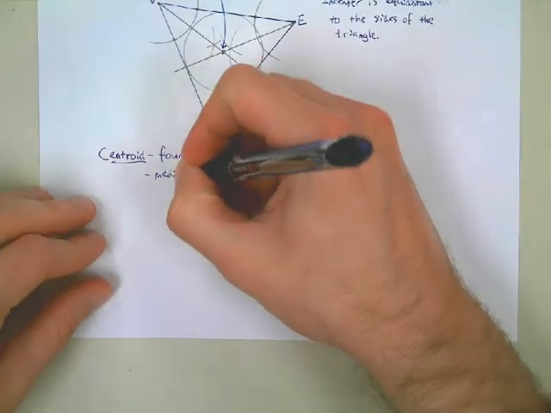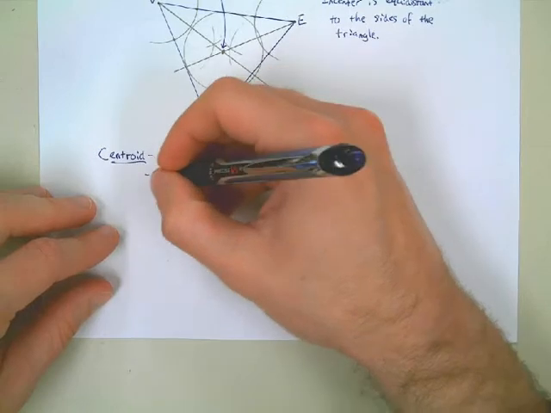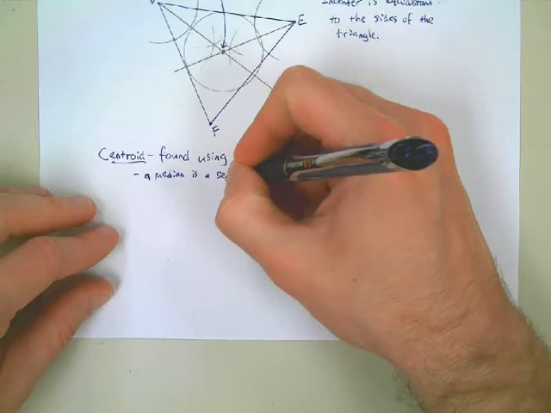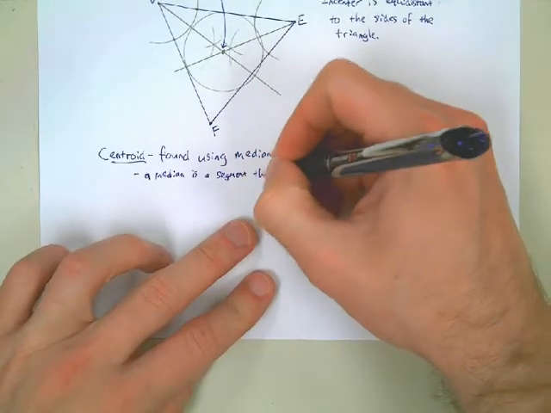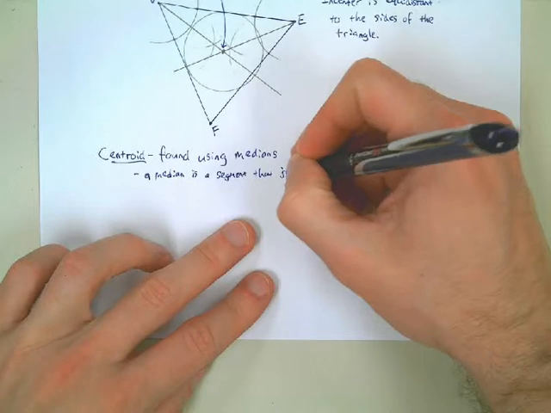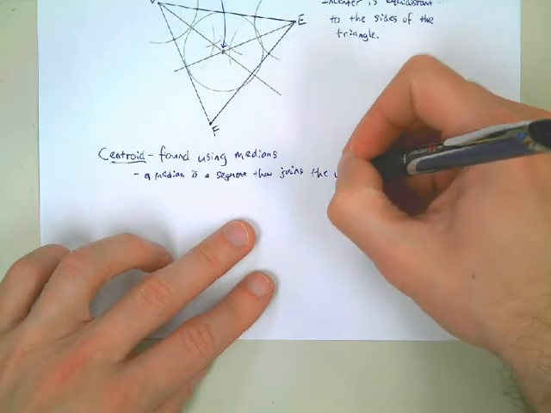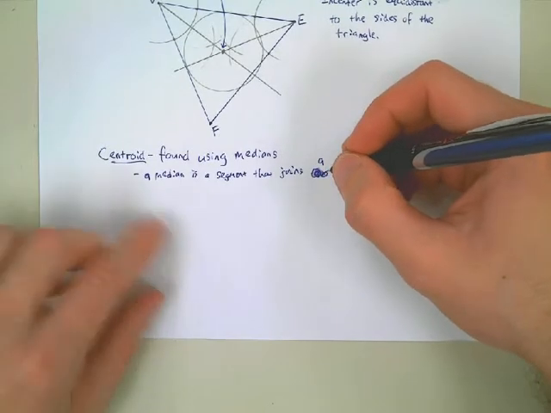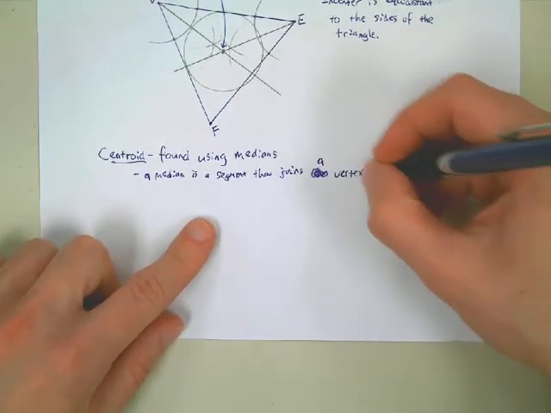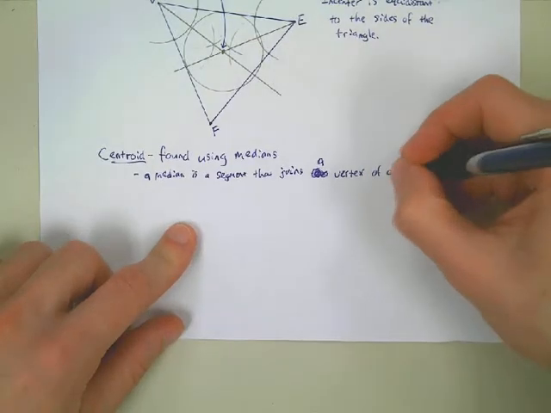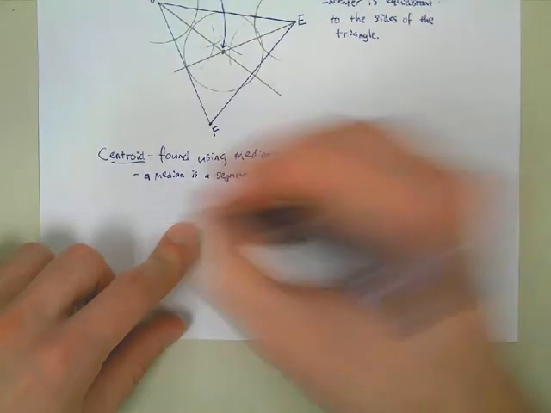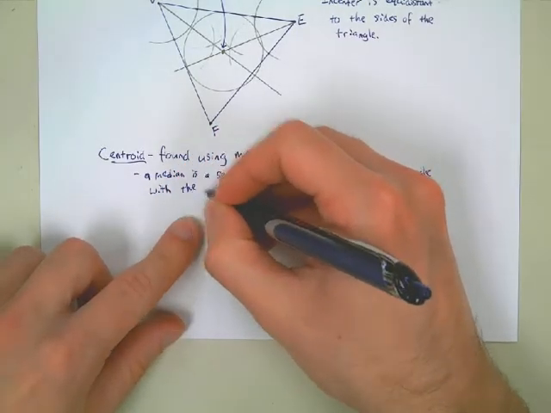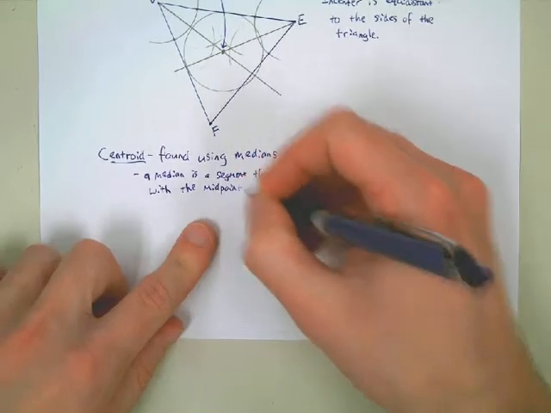A median is a segment that joins a vertex of a triangle with the midpoint of the opposite side.